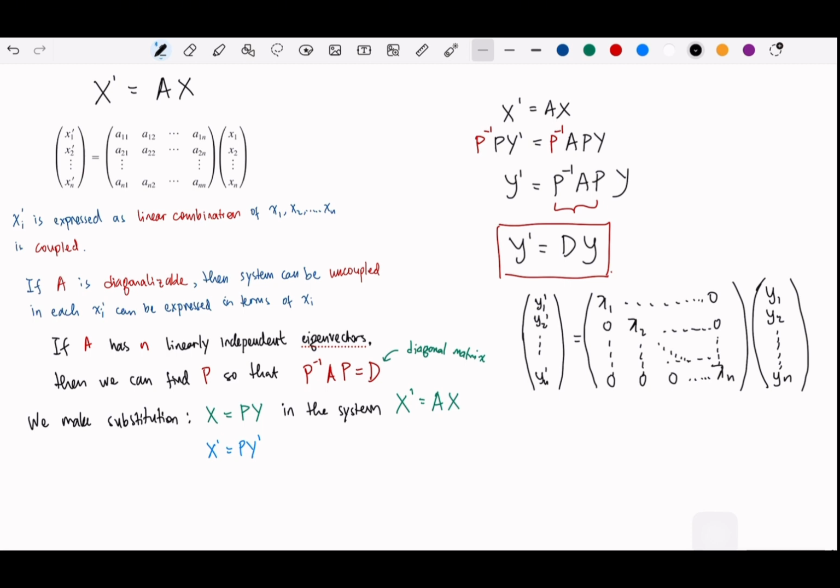So for the solutions, if we see the differential equation first, since this is our diagonal, so this is D, right?